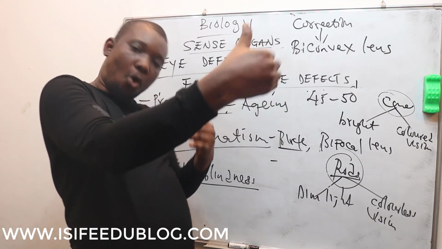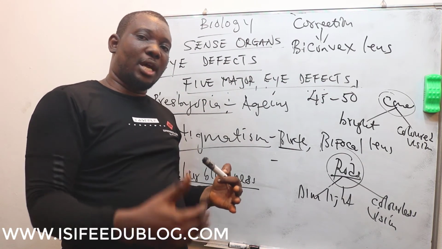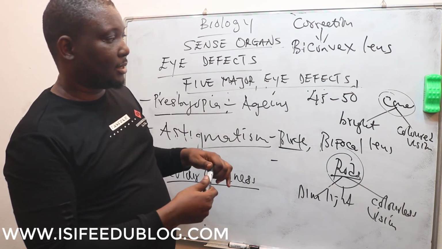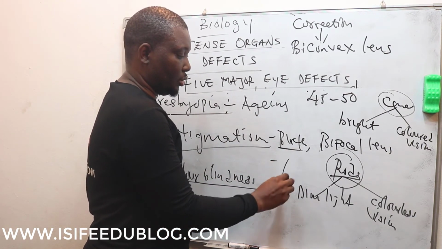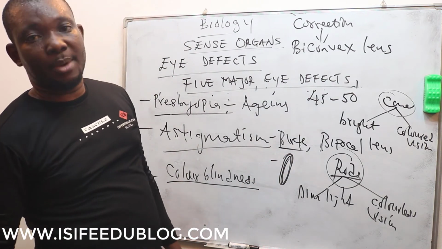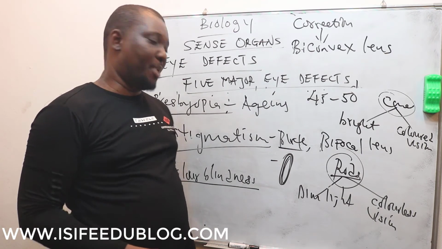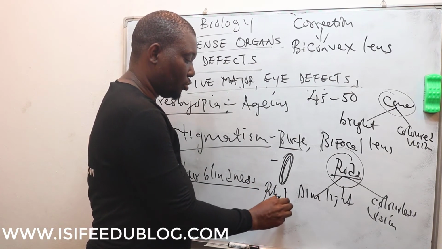The cornea curves and refracts the light rays, so that when it enters, this too much light happens to bleach the rods, and the rods contain a purple pigment known as rhodopsin.